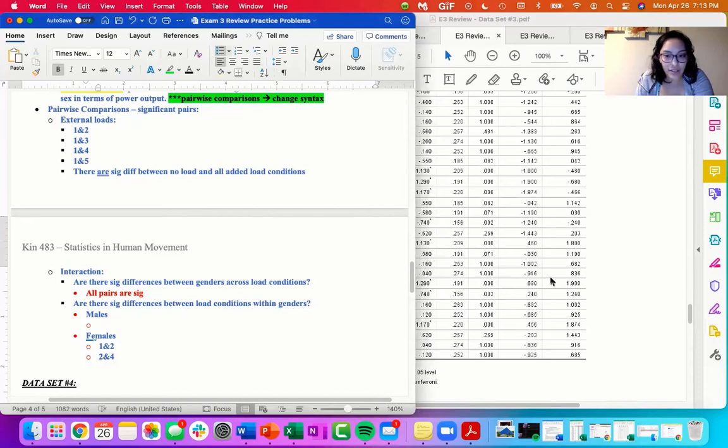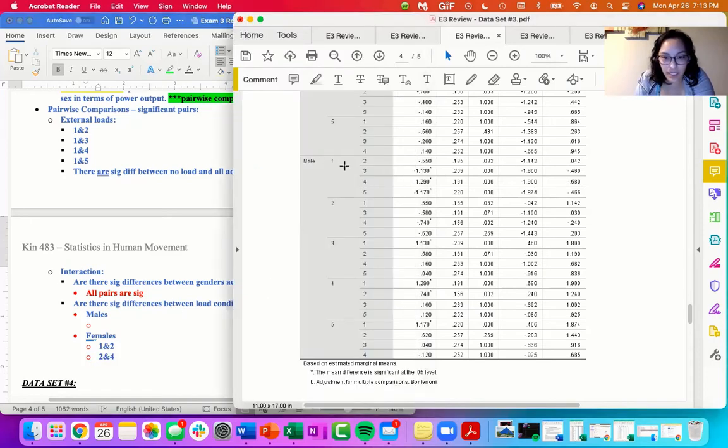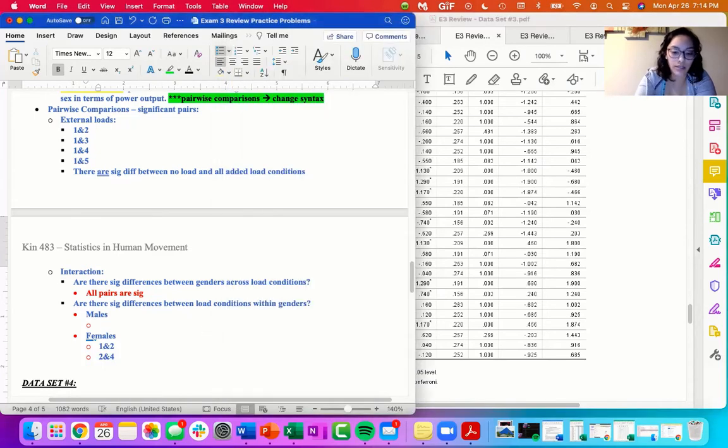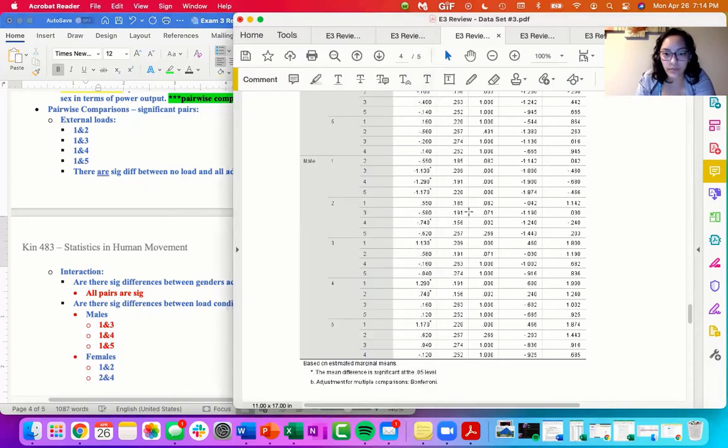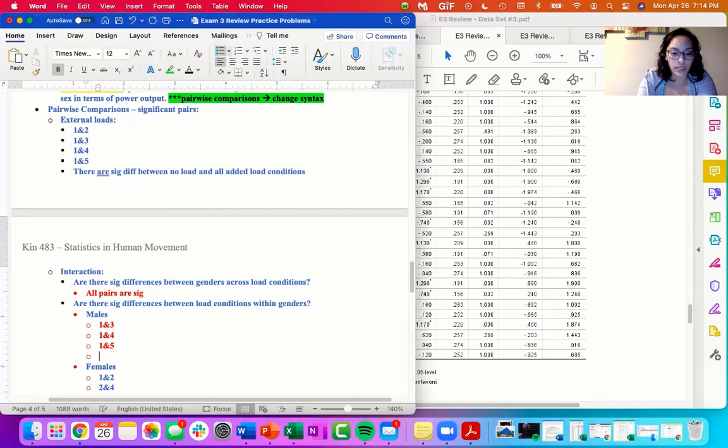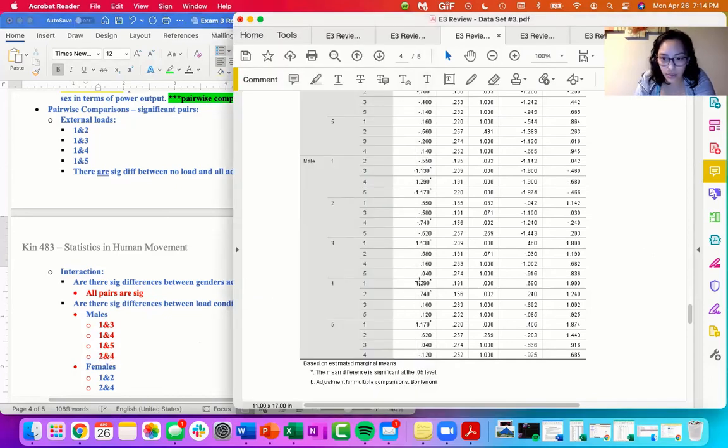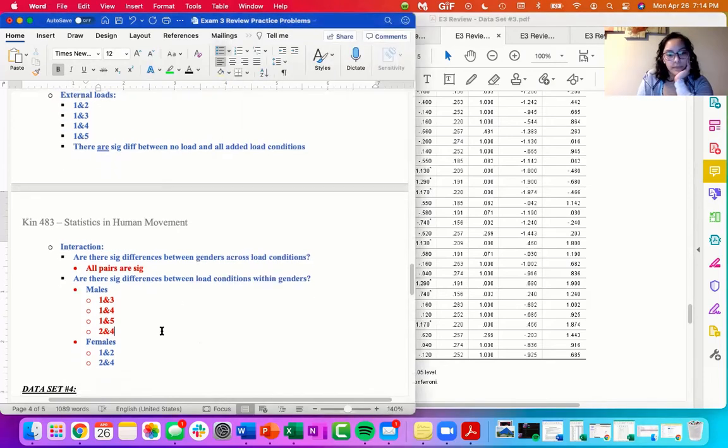For males, we can see a difference between 1 and 3, 1 and 4, 1 and 5. So we'll list those first. There's also a difference between task conditions 2 and 4. And I think that's it. Most of these other ones should be repeated. And that would be it.